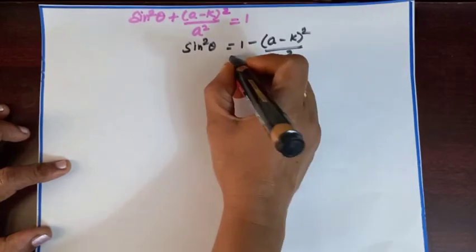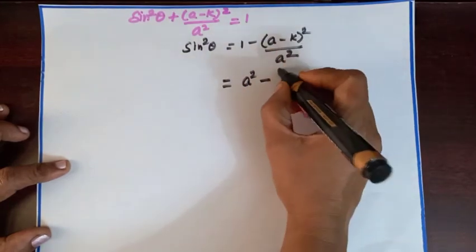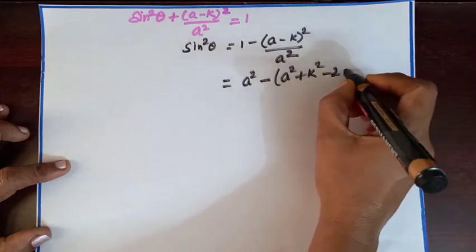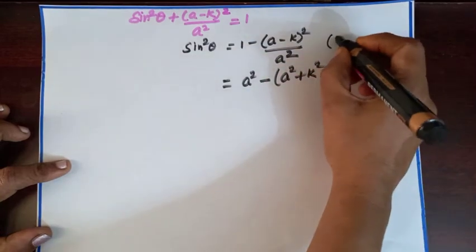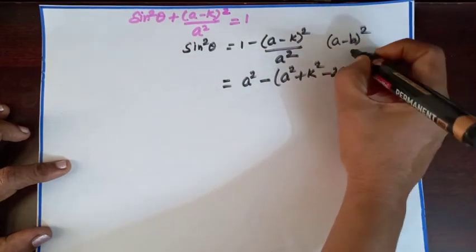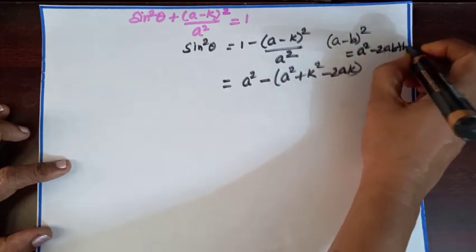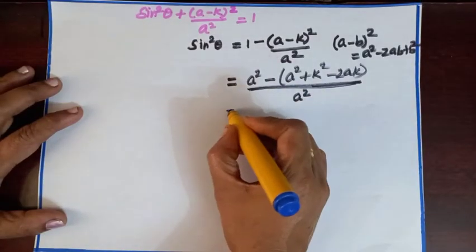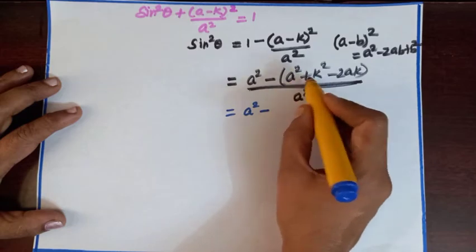which is equal to, now take LCM. 1 into a square is a square minus, expand this identity, we get a square plus k square minus 2ak. We have expanded this identity by using a minus b the whole square, which is equal to a square minus 2ab plus b square, by a square, which is equal to a square minus, going to multiply inside with negative sign.